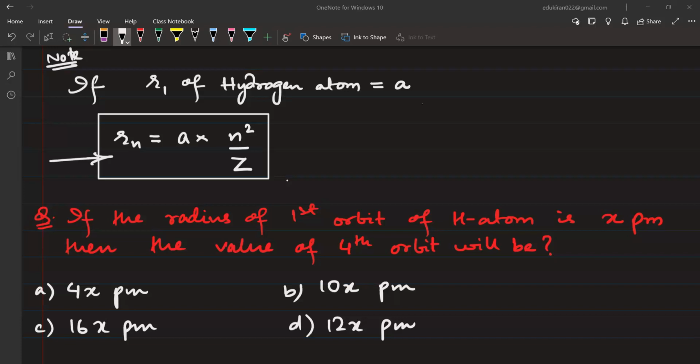ओके, जोहा has given the answer. इसमें प्लग इन करें ना, क्या हो गया? Plug the values here. What is A? Radius of the first orbit of hydrogen atom. What is the radius of the first orbit of hydrogen atom? देखें. And they're asking for the fourth orbit for hydrogen atom. Fourth orbit, n की value plug in करें.